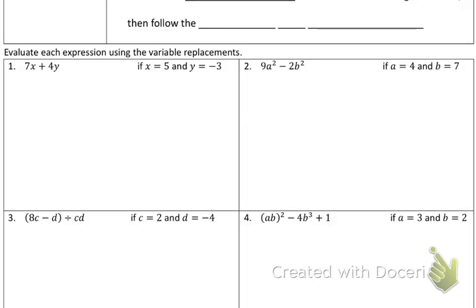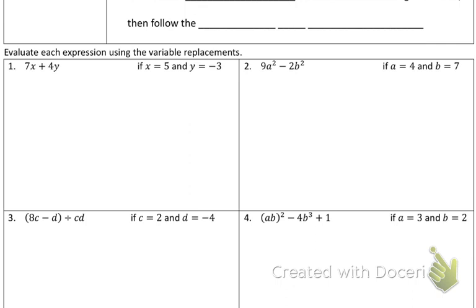So, for example, we'll start out pretty easy. Number 1 says 7 times x plus 4 times y. Remember, if there's no symbol between it, it's multiplication. 7x is 7 times x. 4y is 4 times y. But then we go over here and it says x equals 5 and y equals negative 3. Now here is a rule you need to do when you substitute numbers in.